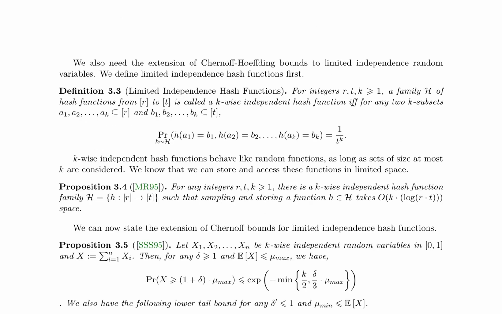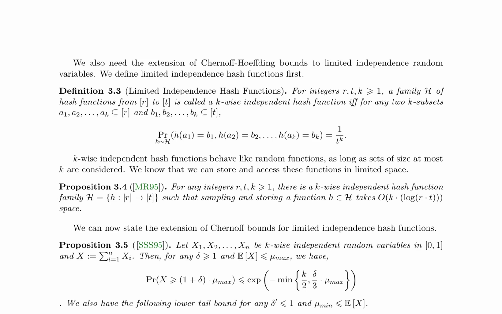Limited independence hash functions are crucial for extending Chernoff-Hoeffding bounds to limited independence random variables. A family of hash functions from R to T is k-wise independent if, for any k subsets A1, A2, ..., Ak ⊆ R and B1, B2, ..., Bk ⊆ T, the probability of h(A1) = B1, h(A2) = B2, ..., h(Ak) = Bk is 1/T^k.